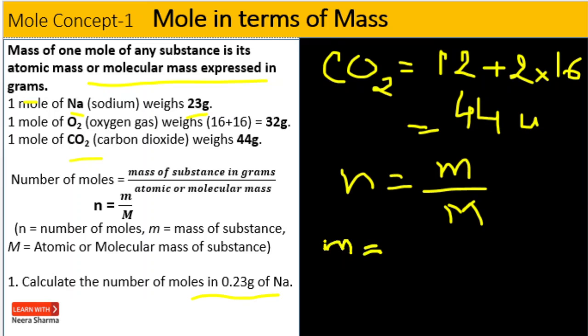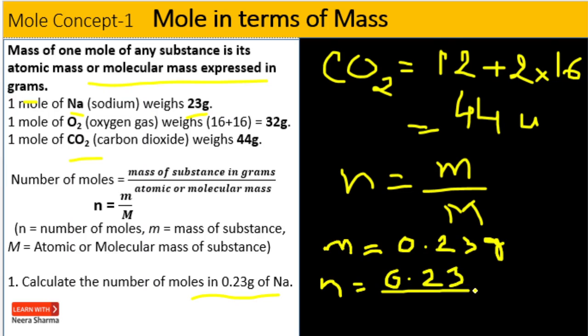Mass is 0.23 grams. So number of moles N will be equal to 0.23 divided by, what is the atomic mass of sodium? 23 grams. So divided by 23, that will be equal to 0.01 moles.